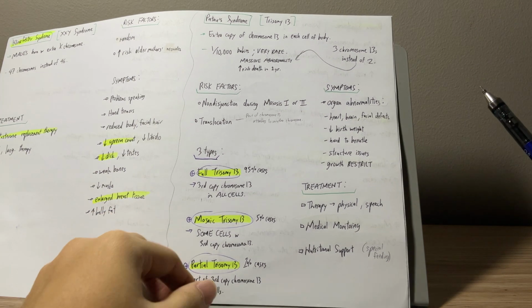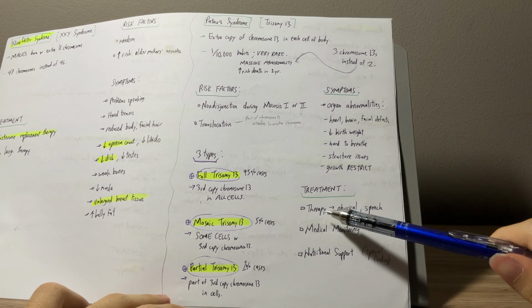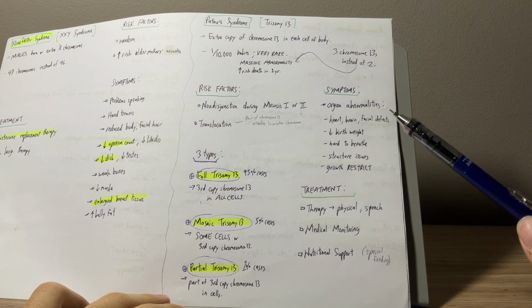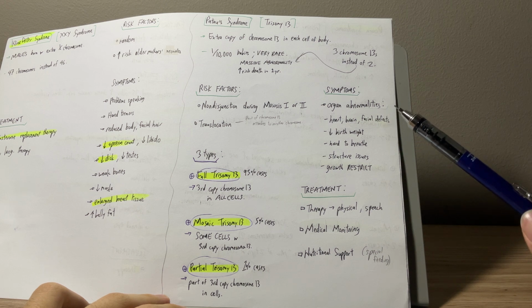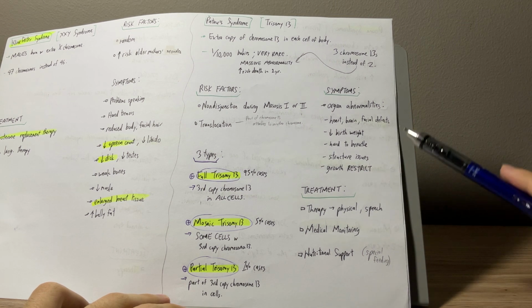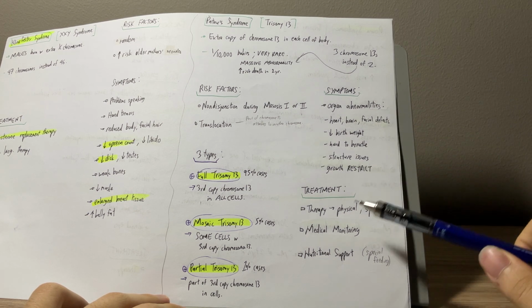And when it comes to treatment, we have physical therapy, because again, they have organ abnormalities. It's possible for them to develop issues with the spine, among other important organs. So, physical therapy, speech therapy, since their brain also has defects, we have to expect the worst.